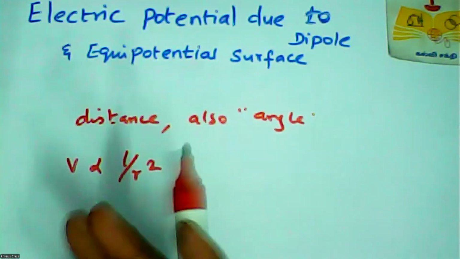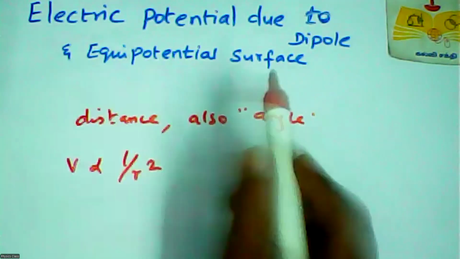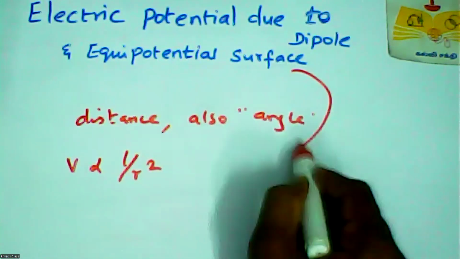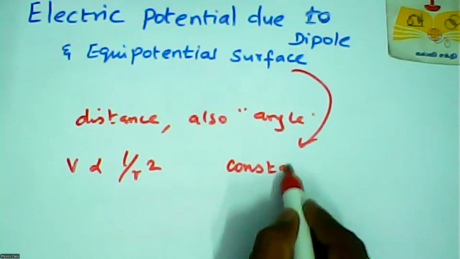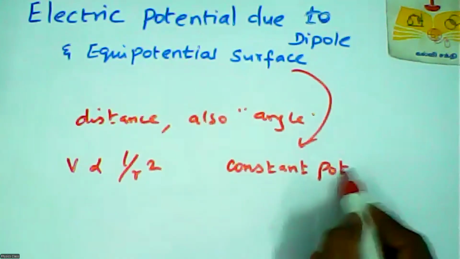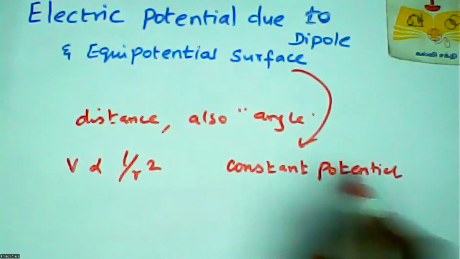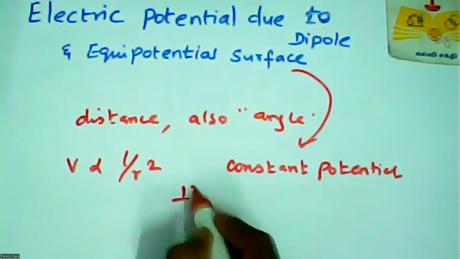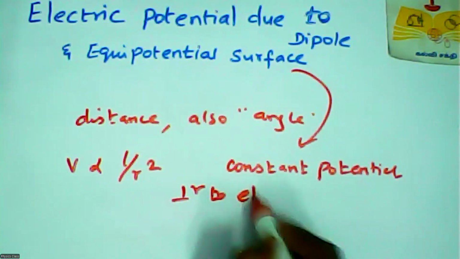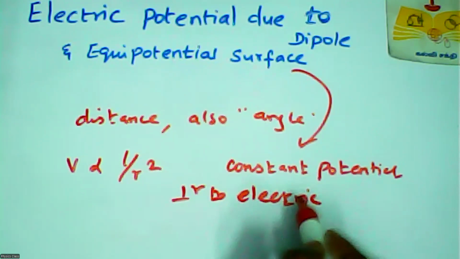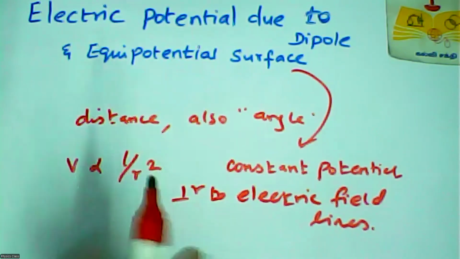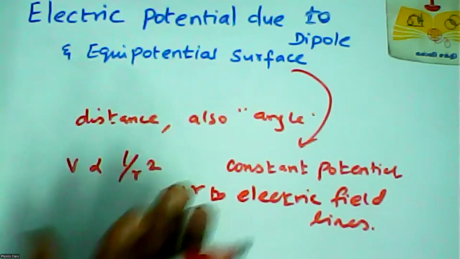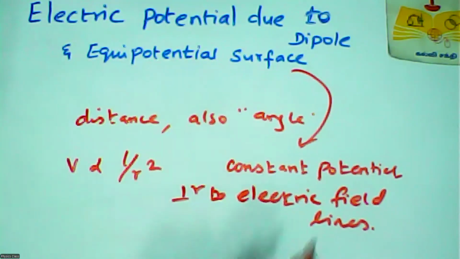And we also explored equipotential surfaces, which are surfaces of constant potential, and are always perpendicular to the electric field lines. Remember, no work is done to move a charge along these surfaces.